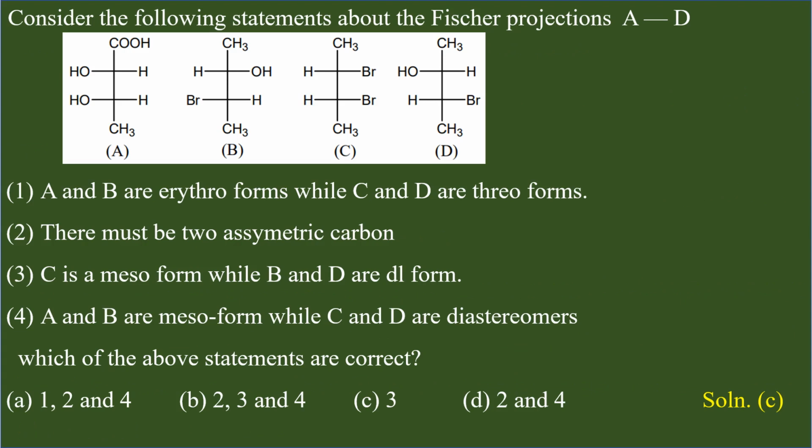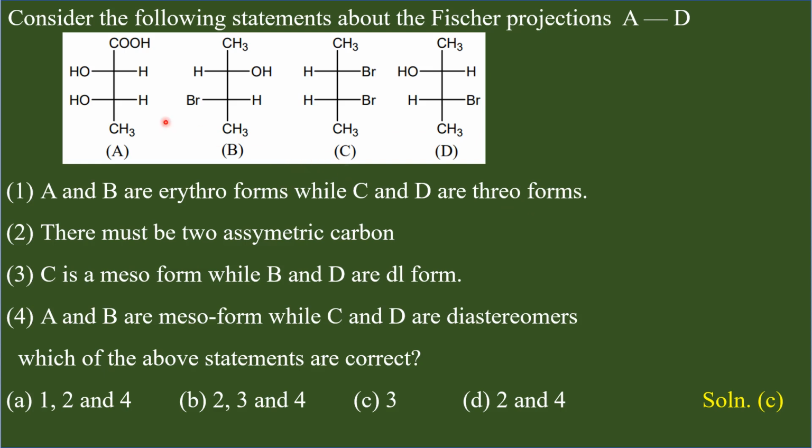Here is a problem for you to solve. Consider the following statements. There are 4 statements given about these 4 compounds. Consider the following statements about the Fischer projections A, B, C, D. Number 1 is A and B are erythro forms while C and D are threo forms.